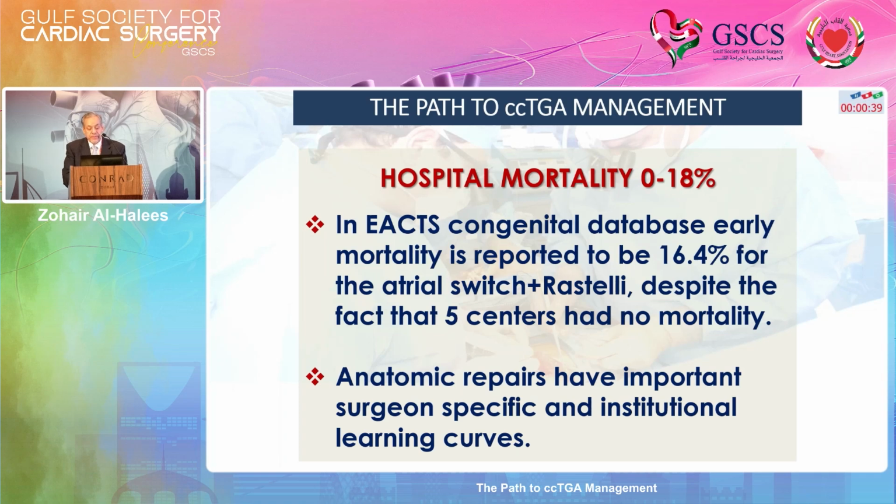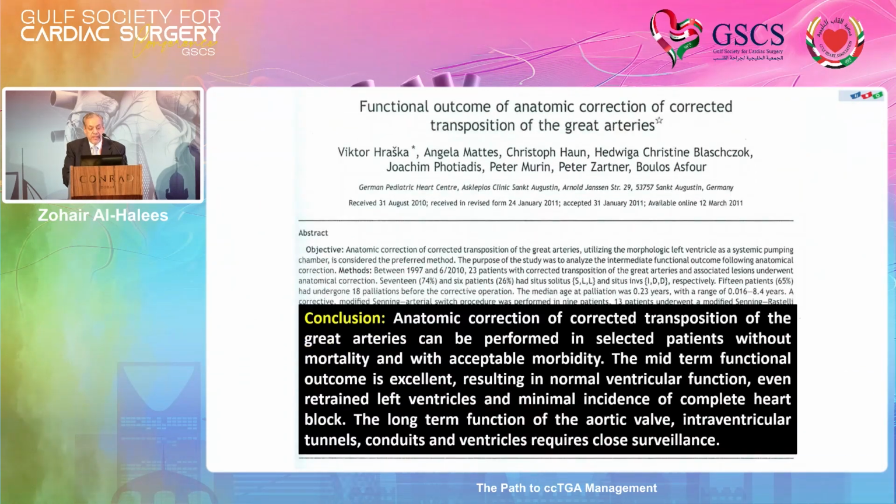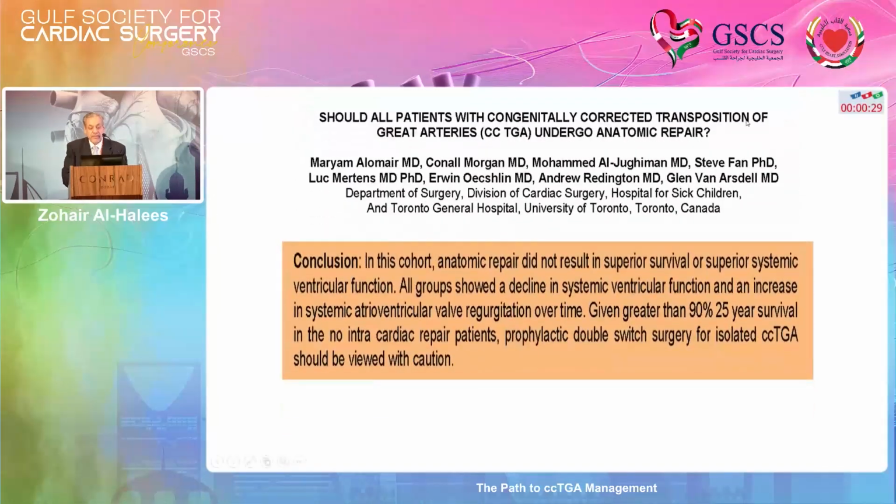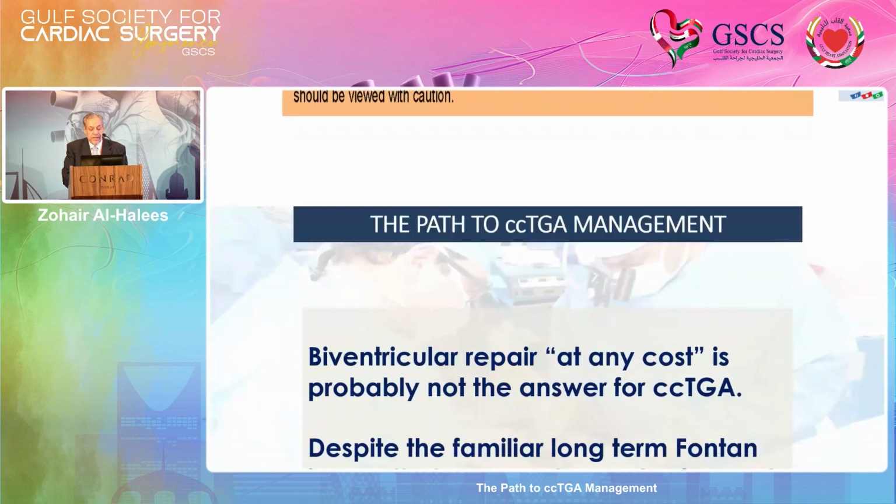But anatomic repairs have important surgeon-specific and institutional learning. This is from Germany, reporting almost zero mortality in the double switch. However, this presentation was done at the AATS from Toronto Sick Kids, making a caveat towards the double switch procedure, making it not the panacea for ccTGA.